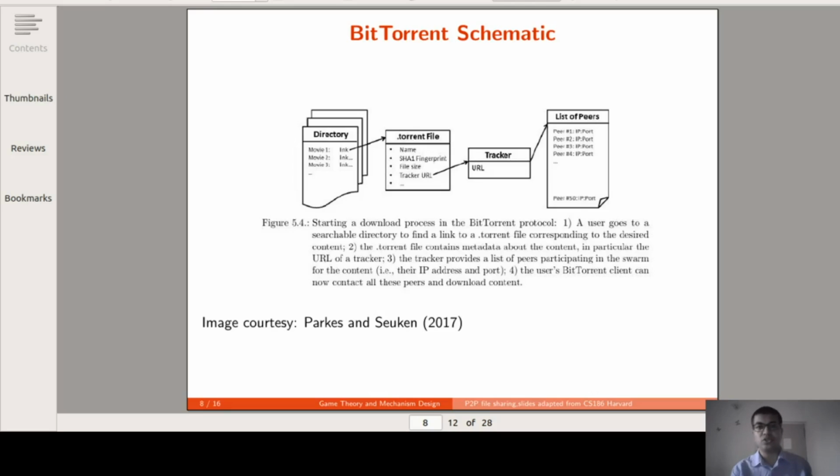Whenever you open the torrent file with the corresponding torrent client, it has the URL of that tracker. The tracker is like a central planner who coordinates the whole peer-to-peer process. The tracker has a list of all the peers with their IP addresses and ports from which you can download these files. Once you are connected with the tracker and the list of peers, you can find out whichever peer is more convenient, maybe geographically closer to you, and start downloading from that peer.